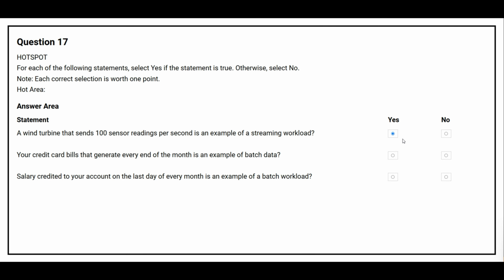The second statement is your credit card bills that generate every end of the month is an example of batch data. The correct answer is yes. The third statement is salary credited to your account on the last day of every month is an example of batch workload. The correct answer is yes.